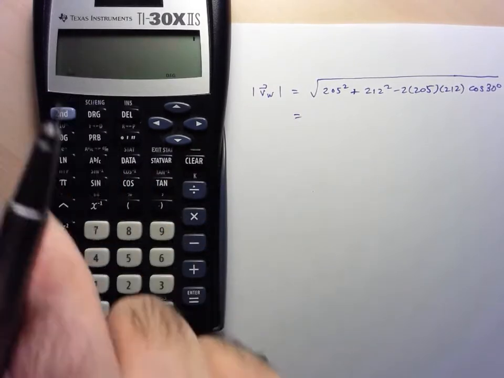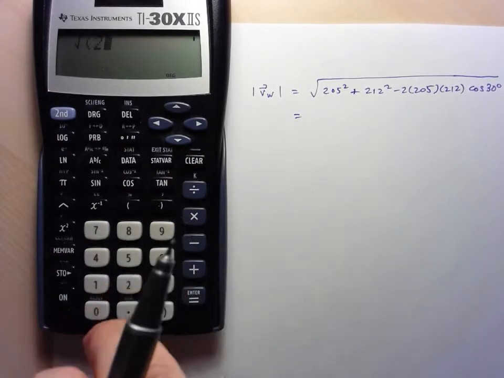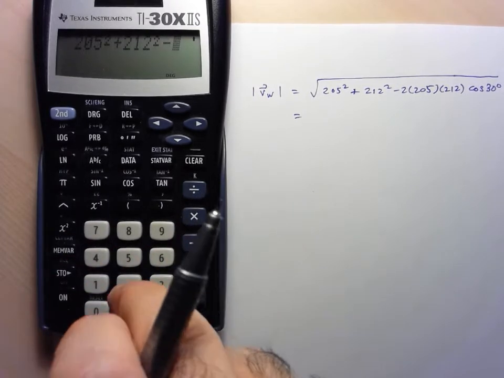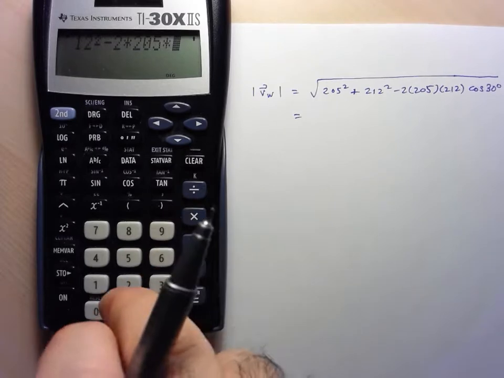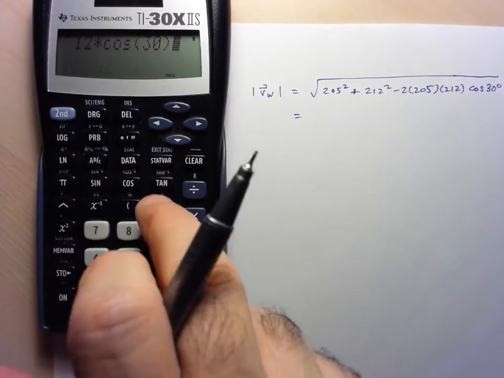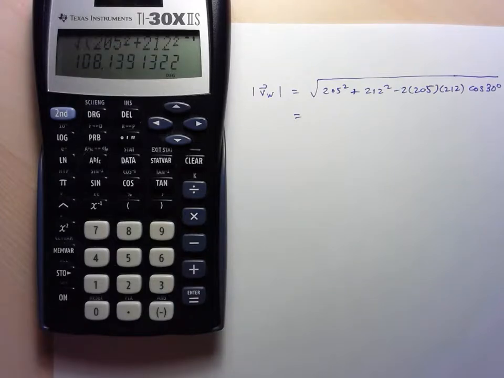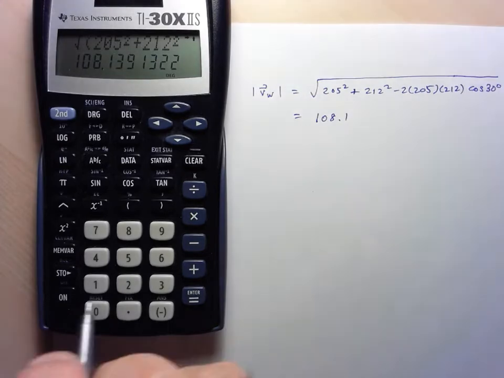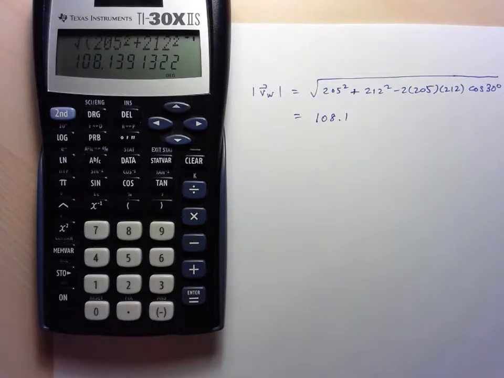So square root of 205 squared plus 212 squared minus 2 times 205 times 212 times cos 30. And it looks like we've got 108.1. And that's going to be kilometers per hour.